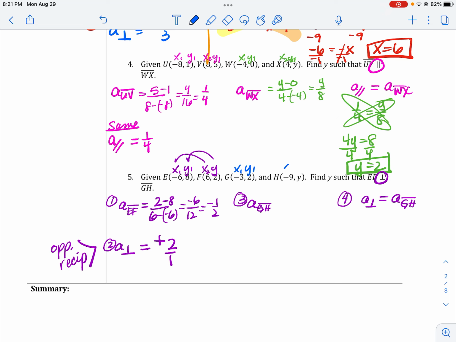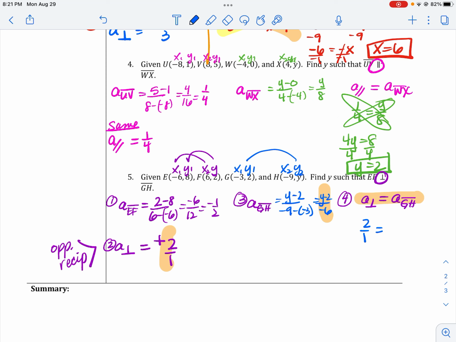x1, y1, x2, y2. Find our slope. Y minus 2 over negative 9 minus negative 3. That's y minus 2 over negative 6. Now, I need to compare this and this right here. So my perpendicular slope is 2 over 1.